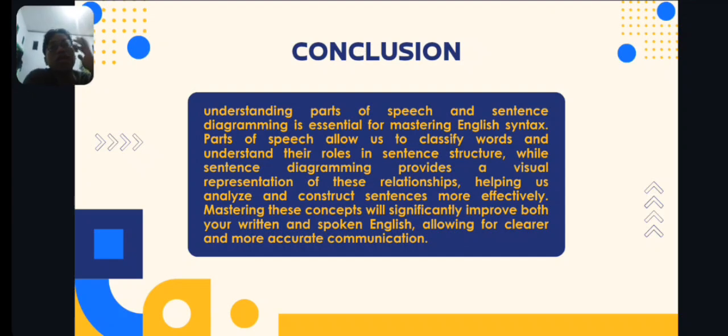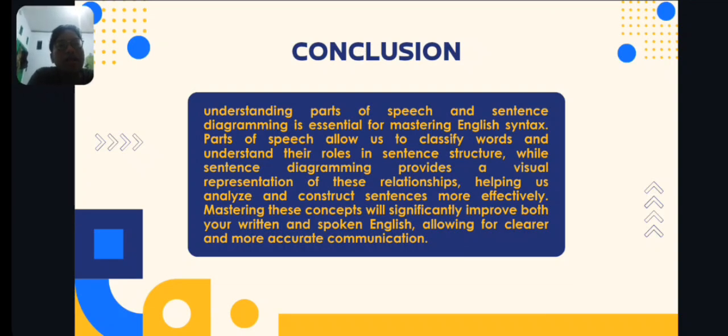So the conclusion is: understanding parts of speech and sentence diagramming is essential for mastering English syntax. Parts of speech allow us to classify words and understand their roles in sentence structure, while sentence diagramming provides a visual representation of these relationships, helping us analyze and construct sentences more effectively.